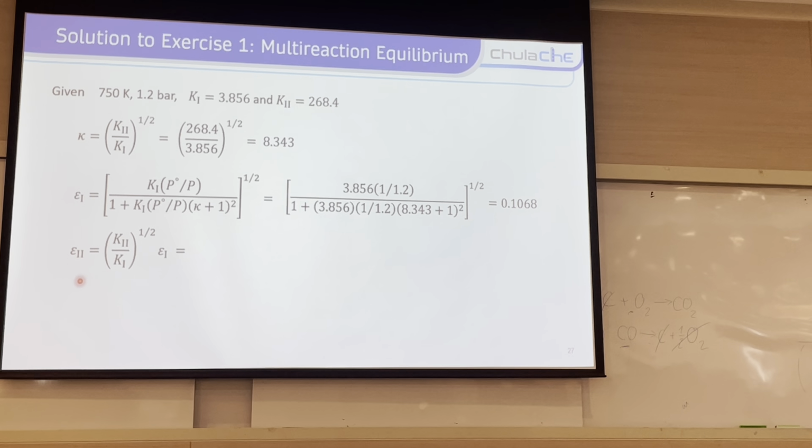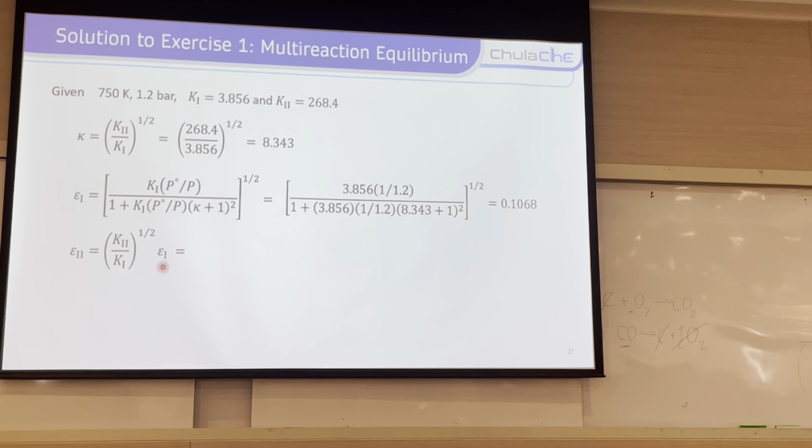Then you know that the reaction coordinate for reaction number 2 is equal to the fraction here. Don't forget to count with the epsilon 1 here. So it's different from the kappa here.